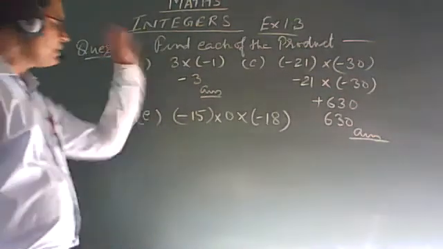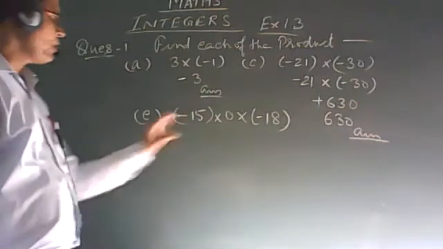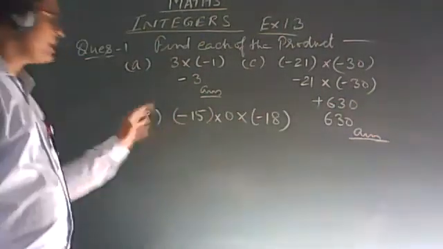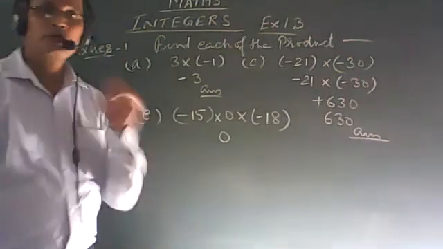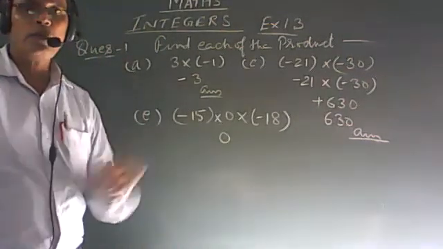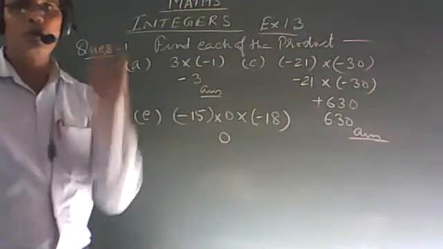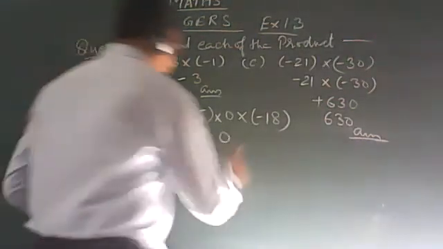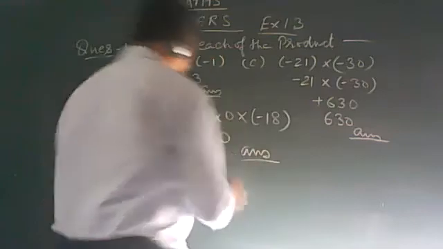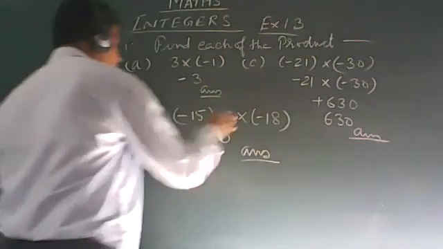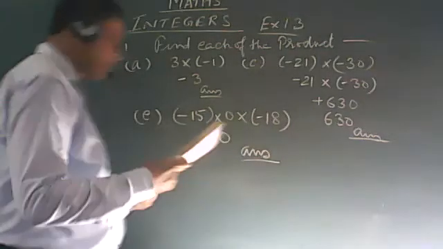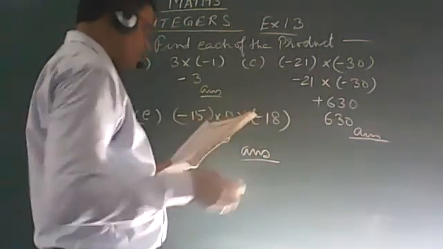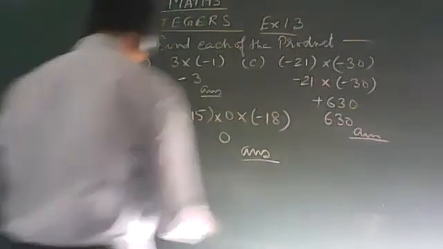Therefore, you write the answer directly. You cannot write 15 into minus 18, you write 0, because if you multiply 0 by any number, it always becomes 0. Therefore, we write our answer as 0, because 0 is already given, and this 0 is multiplied by this number and this number also.